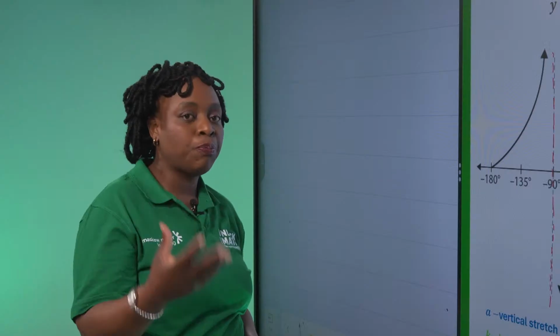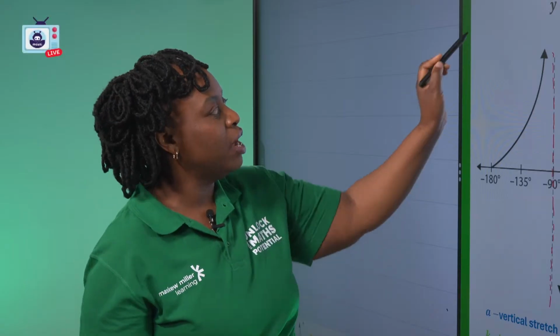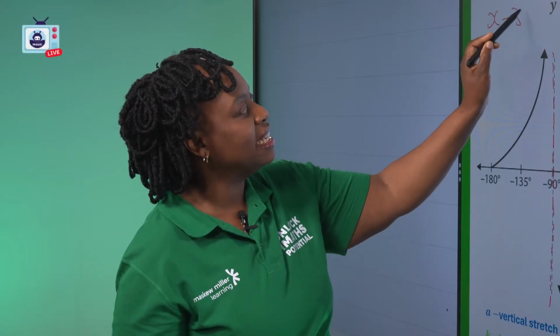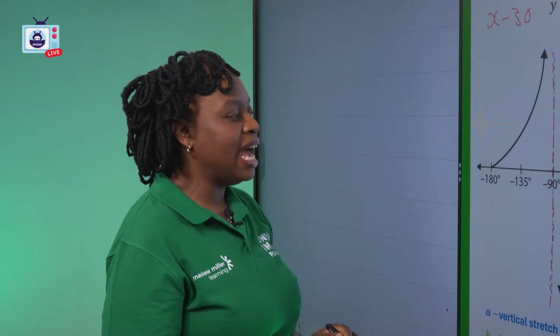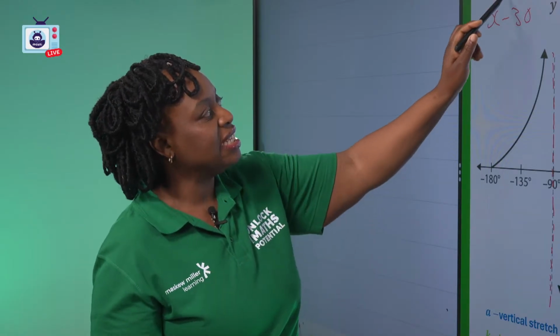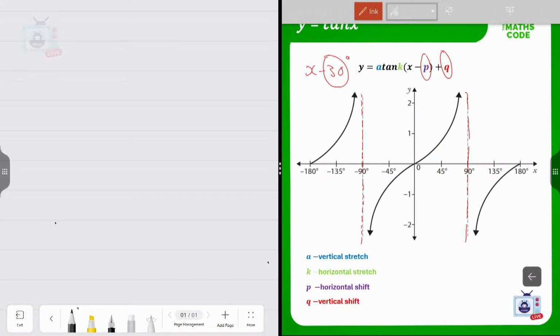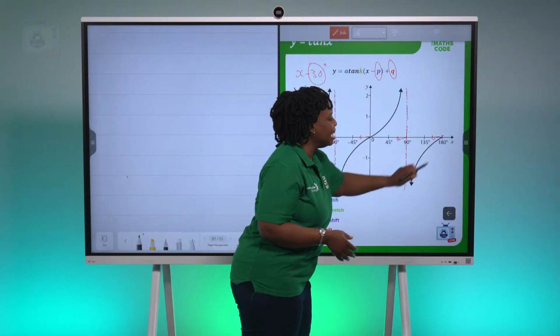So if there's a P there, for example x minus 30 degrees, this 30 degrees will become our new asymptote. We would move this asymptote 30 units to the right, and everything we have here will move to the right 30 units.